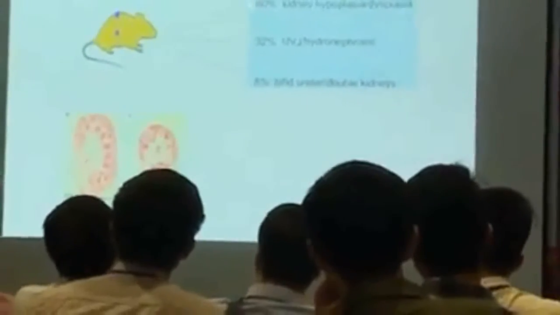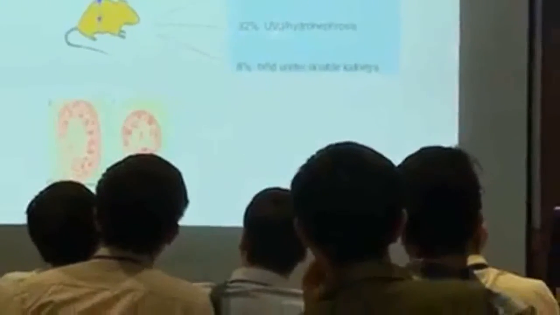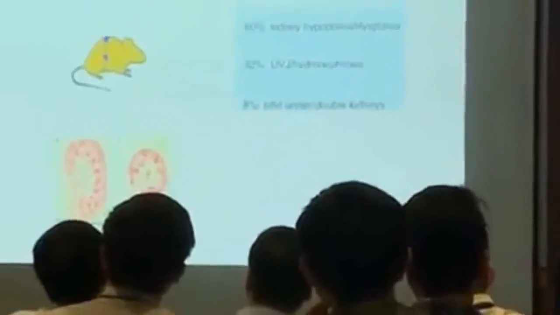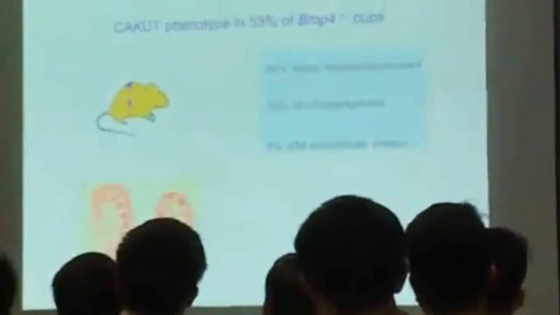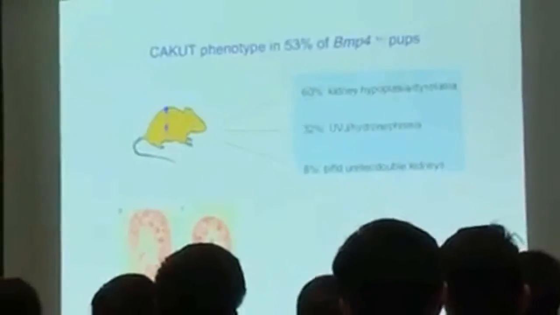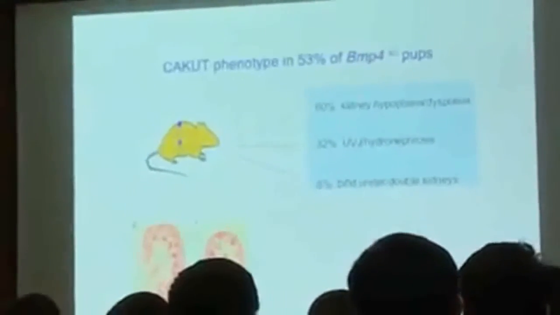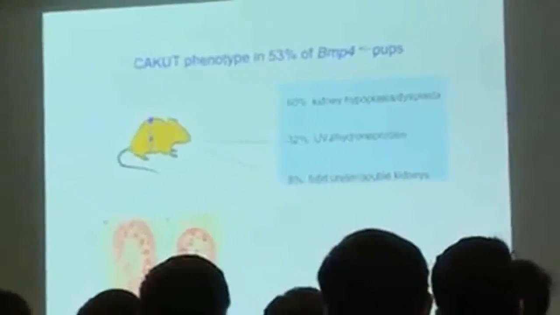So they have 60% kidney hypoplasia and dysplasia, 32% have UVJ hydronephrosis, and 8% with bifid ureter or double kidney, while with the plus, 100% have anomaly. So if you knock out this gene in mice, 100% of mice have a kidney phenotype.